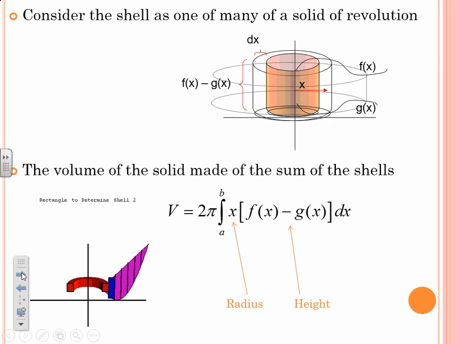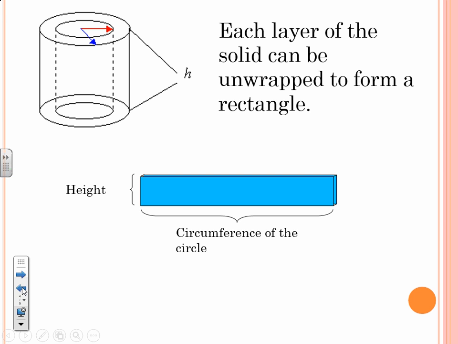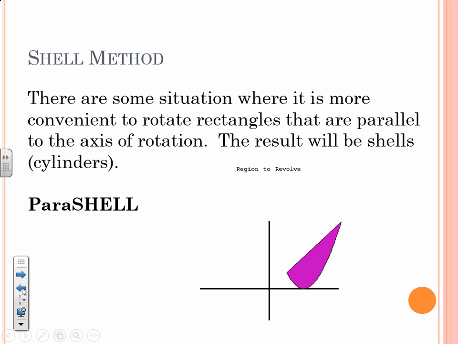Then each of these, I'm going to come back to this figure right here. Each of these rectangles vary in length away from the axis of rotation, right? If we're rotating around the y-axis, then all of these would be x away.